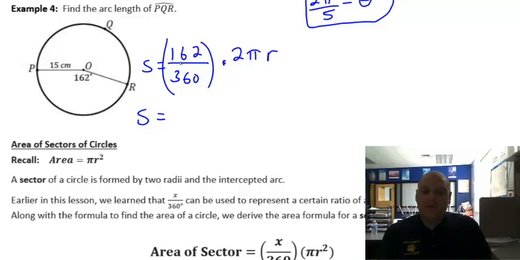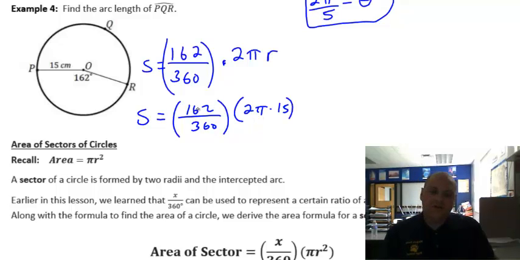So it's going to be 162 over 360 times 2 pi r. R is 15. So it's basically 162 times 2 times 15 pi all over 360.